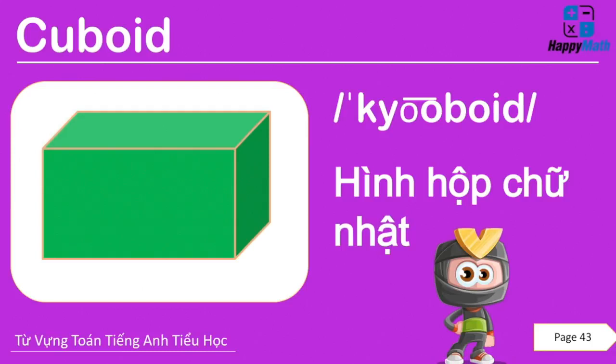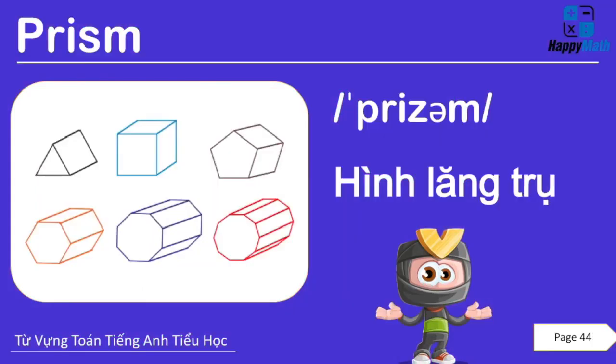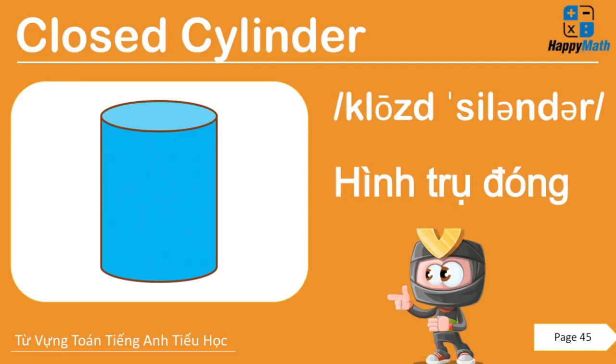Cuboid. Prism. Closed cylinder. This will be different from the open cylinder. It is a closed cylinder.